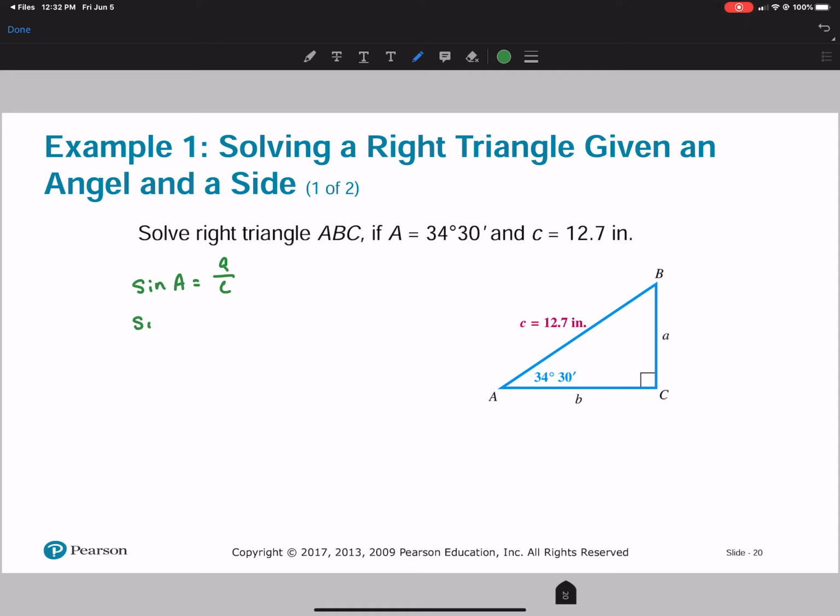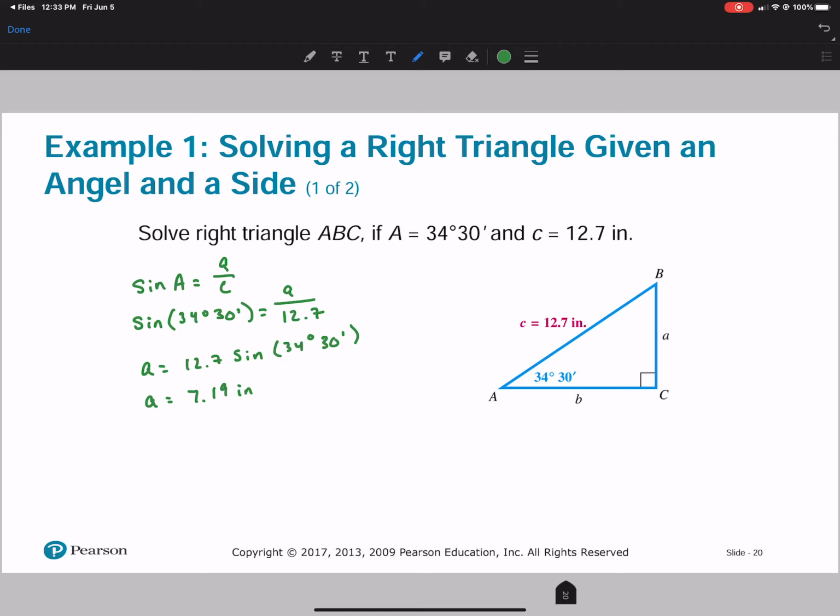So the sine of 34 degrees 30 minutes is equal to a over 12.7. Therefore, a is equal to 12.7 times the sine of 34 degrees 30 minutes. Make sure your calculator is in degree mode. You should roughly get 7.19, and the units would be inches.